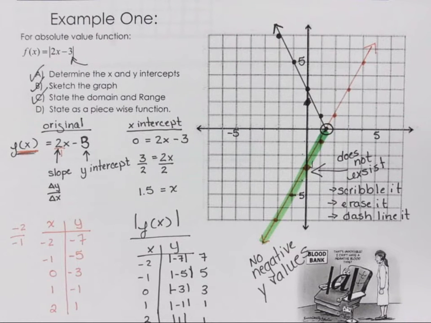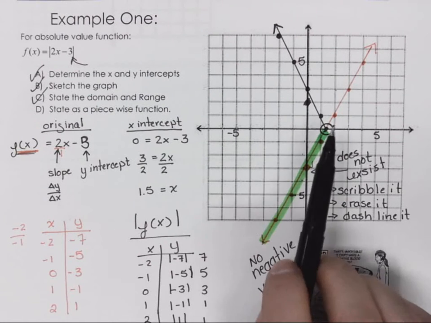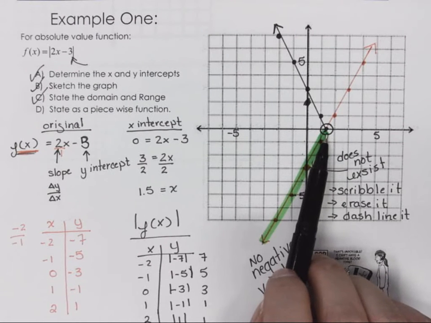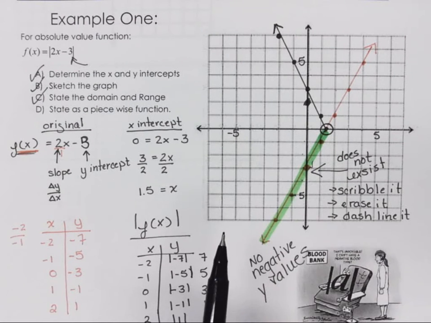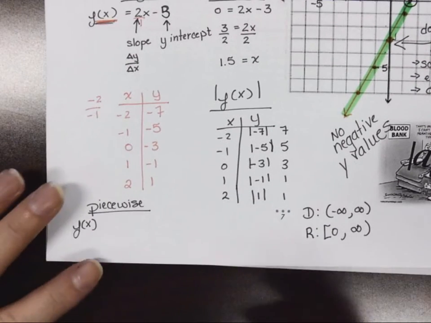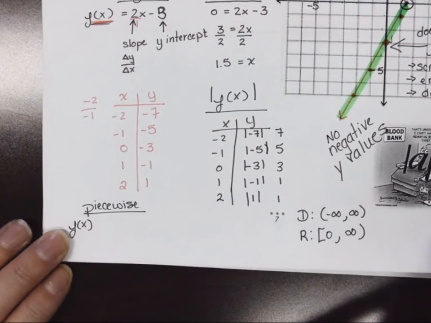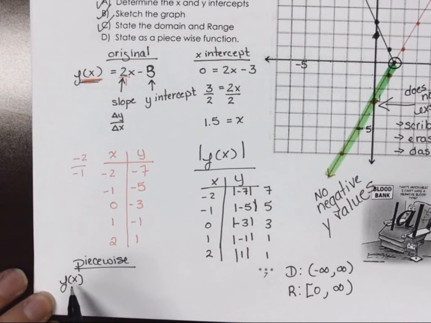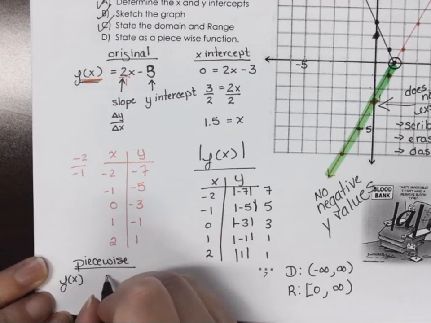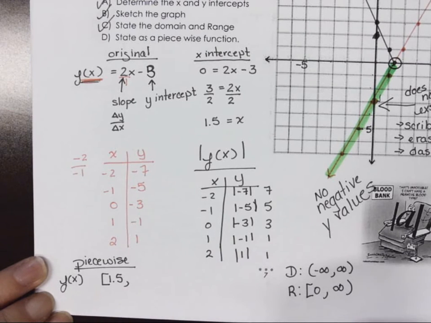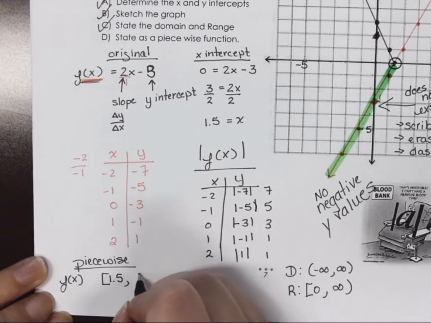So where does my red graph start? At 3 over 2. Because we're just looking at the original. So that one starts at 1.5. Where does it go, Pablo? Positive infinity.